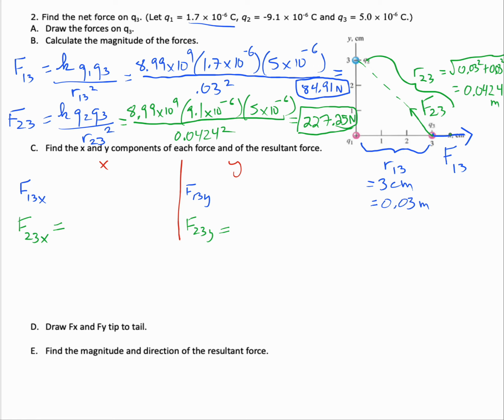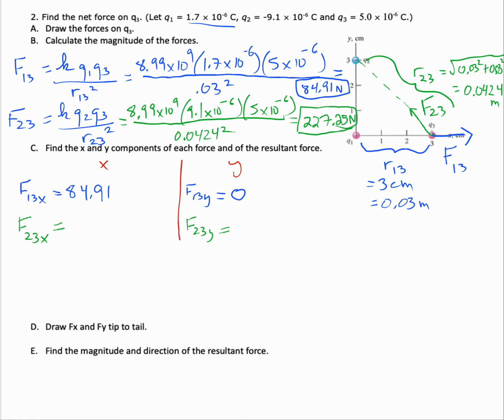Whenever a force is completely horizontal, that means that it only has an x component. So the x component of F13 is just F13. It's 84.91. We know it's positive because the force is pointing to the right. I'm leaving out the units here, but all of these forces are in newtons. And since the force is completely horizontal, it does not have a y component, so the y component is 0.